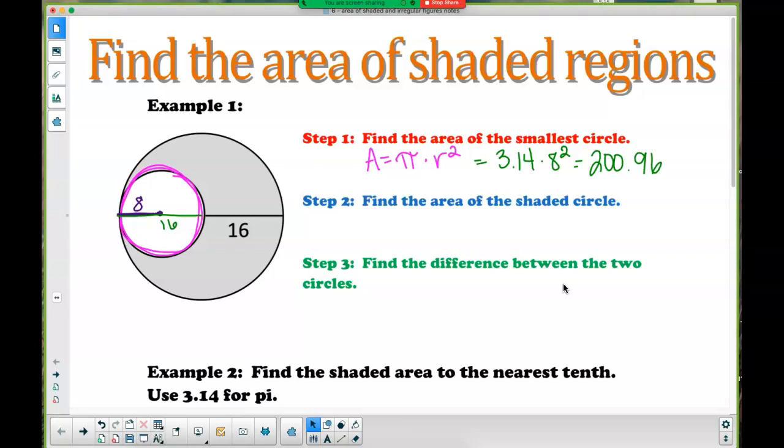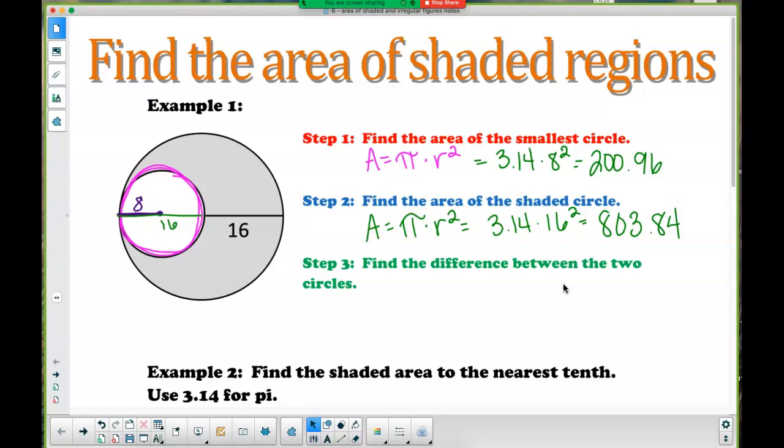Okay. Then we're going to find the area of the big circle. Again, area equals pi times radius squared. What's the radius of the big circle? Brooklyn? 16. So we're going to do 3.14 times 16 squared. And I got 803.84.